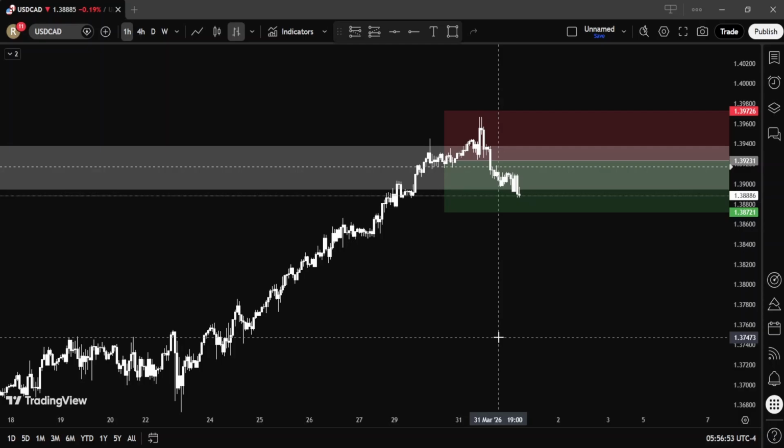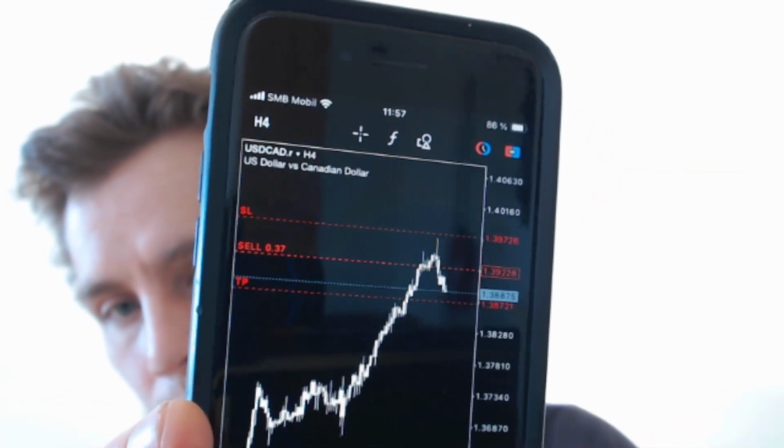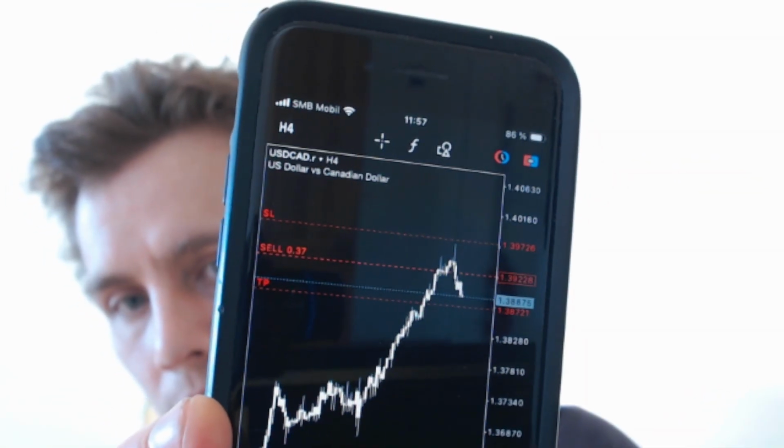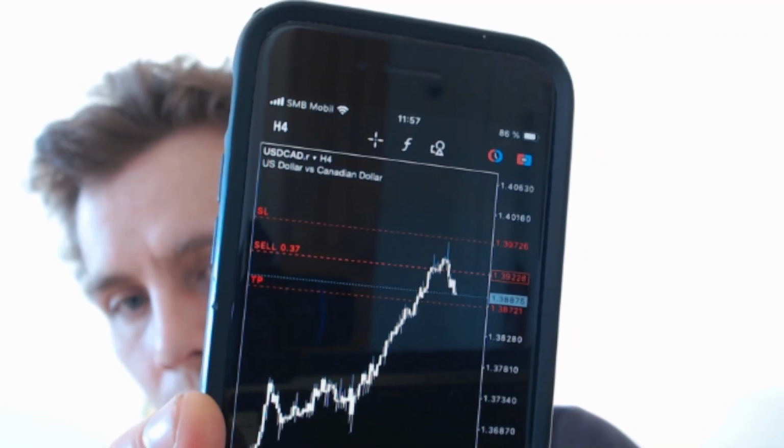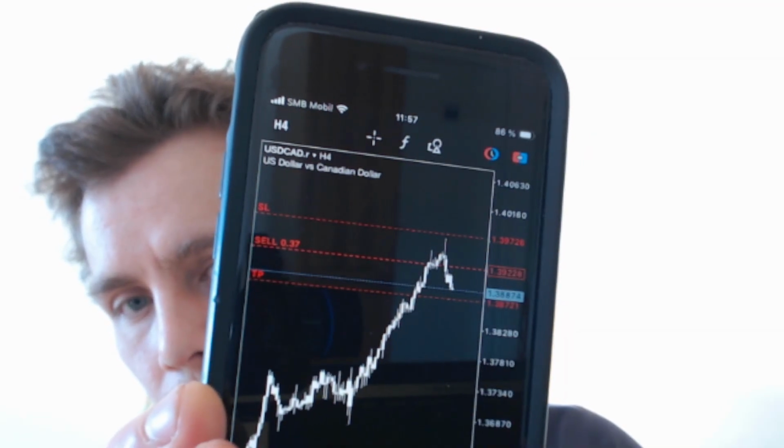I use MT5, and let me show you. So this is how it looks in MT5. The position.